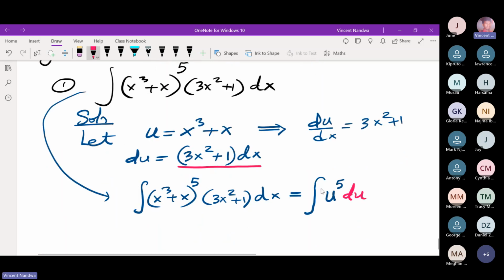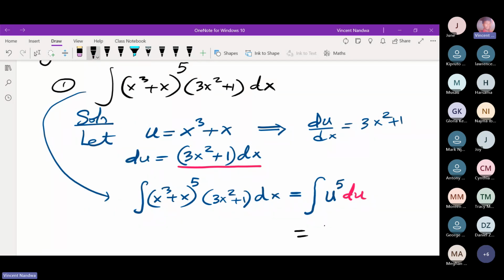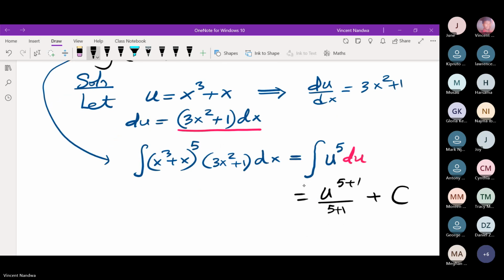And now what we have is very easy to integrate using power rule, which will be u power 5 plus 1 over 5 plus 1, then plus c. This will be u power 6 over 6, then plus c. But recall, u is our own variable, it was not in the question.